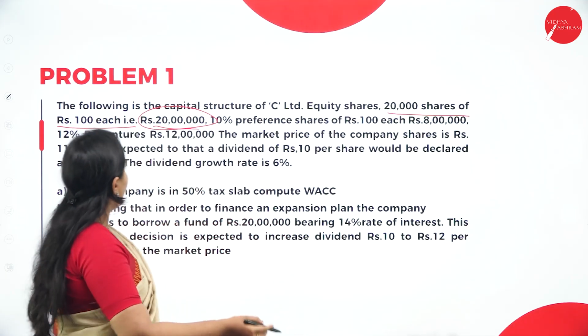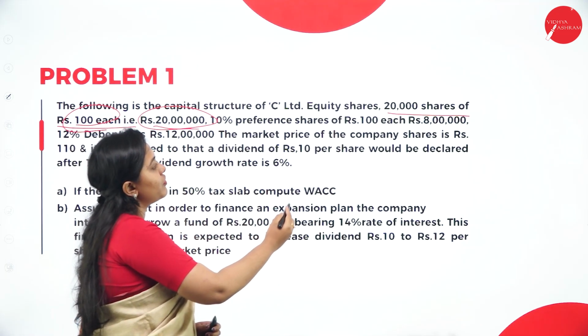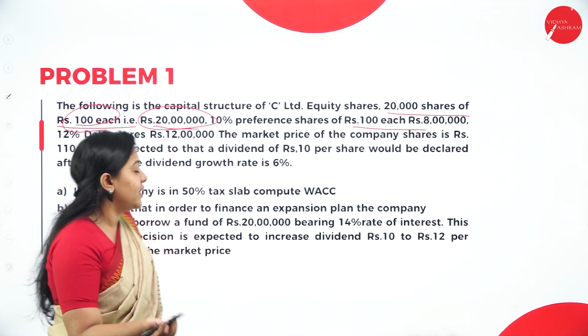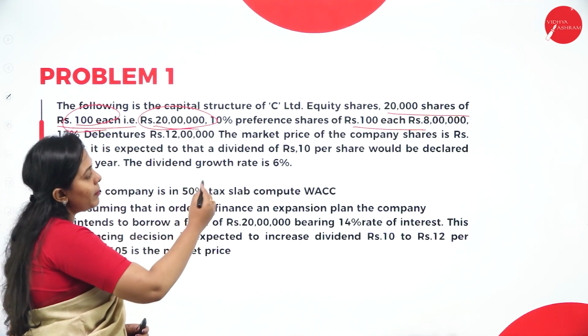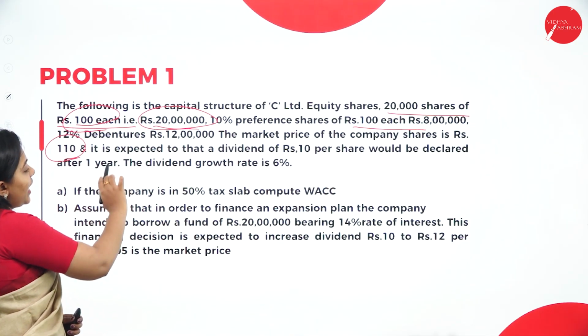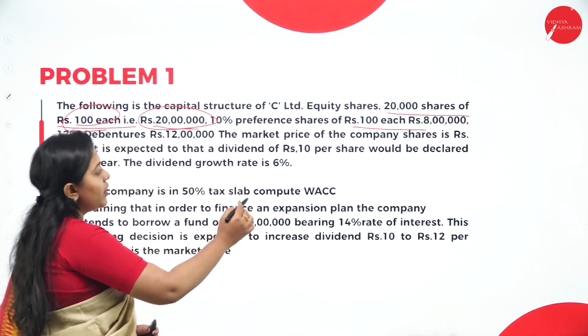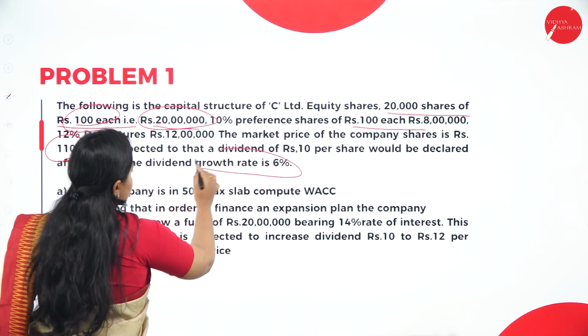What is the face value given? 100 rupees each. 10% preference shares of rupees 100 each, of rupees 8 lakh. 12% debenture of rupees 12 lakh. The market price of the company share is rupees 110, and it is expected that a dividend of rupees 10 per share would be declared. The dividend growth rate is 6%.